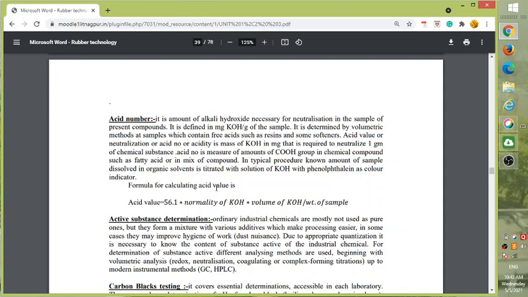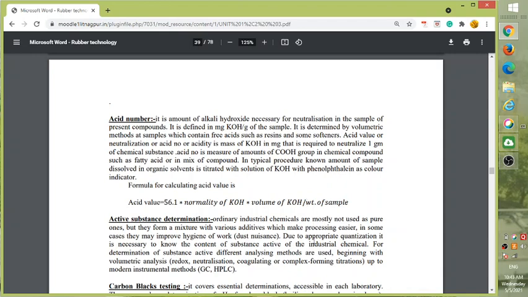The formula for calculating acid value is 56.1 times normality of KOH times volume of KOH upon weight of the sample. Okay, so the atomic weight of KOH is 56.1.